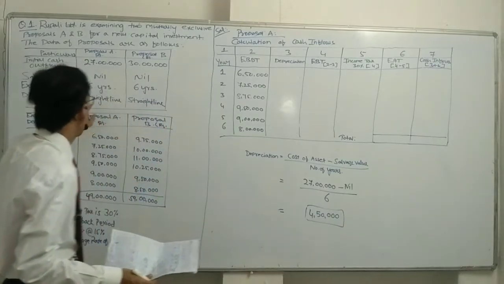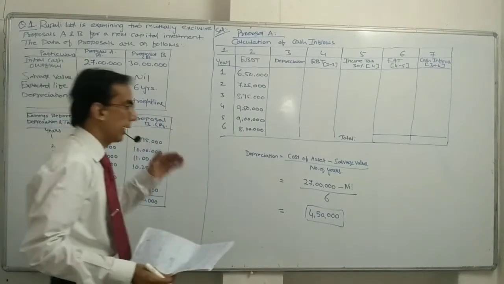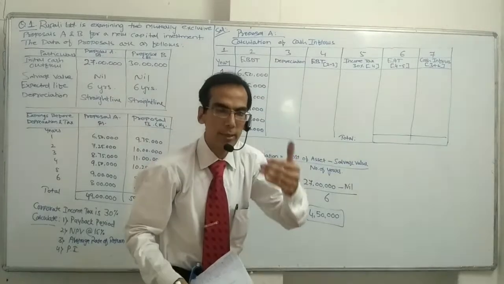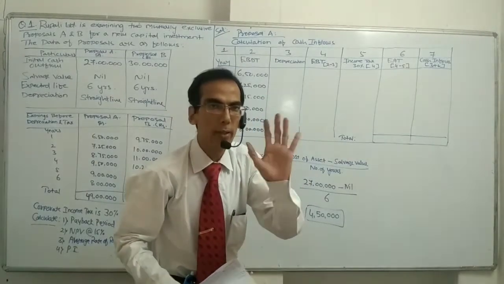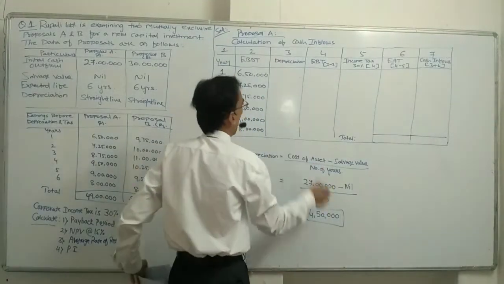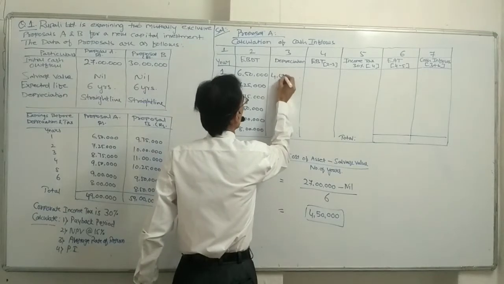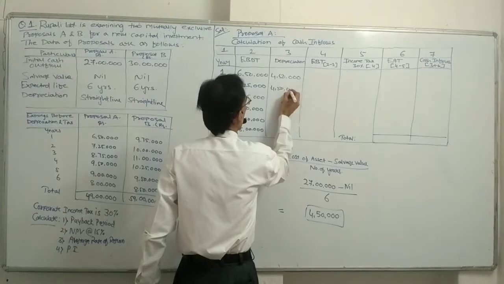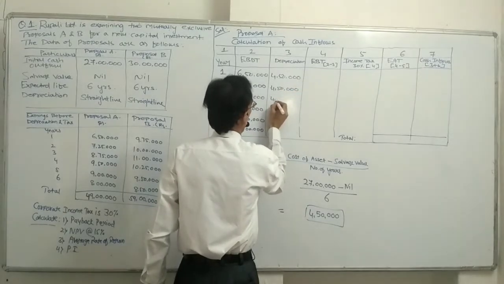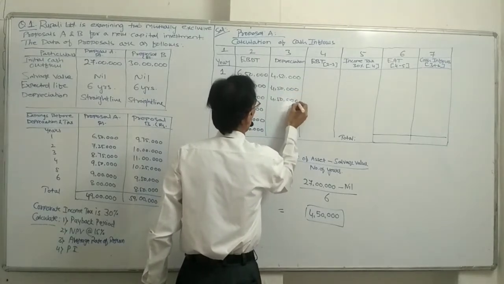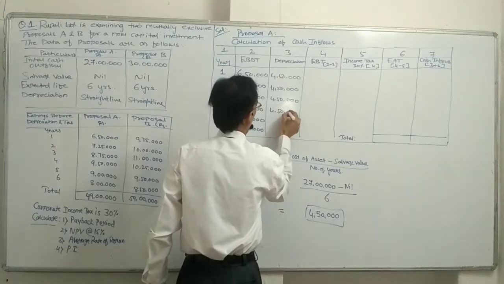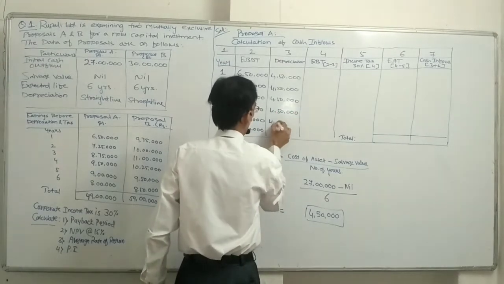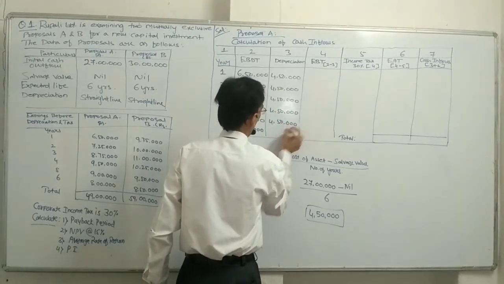Depreciation is being charged on straight line method. It means for all 6 years depreciation will be same, 4,50,000 for all the 6 years.